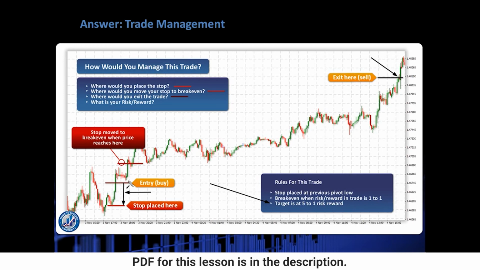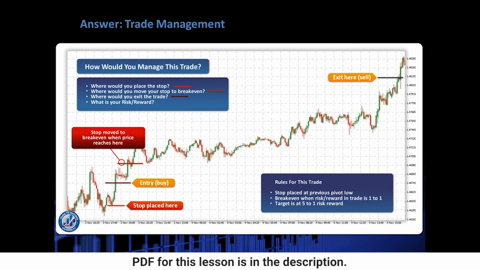So from our entry going up, we would like 5 times this distance marked out here. So extending our entry line to here, we are looking for this distance right here up to this point here, which is our exit point, which is 5 times the distance of our entry to our stop.